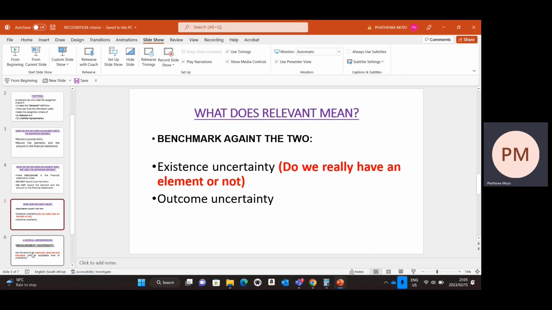Relevance is benchmarked against two things. The existence uncertainty: this must be at an acceptable level. Do we really have the element or not? Do we really have the asset, or do we even have the right? And outcome uncertainty: can we determine if there is going to be a transfer of cash or not?